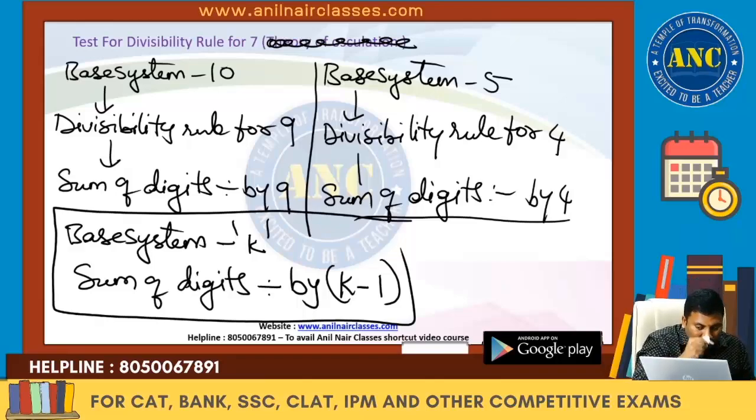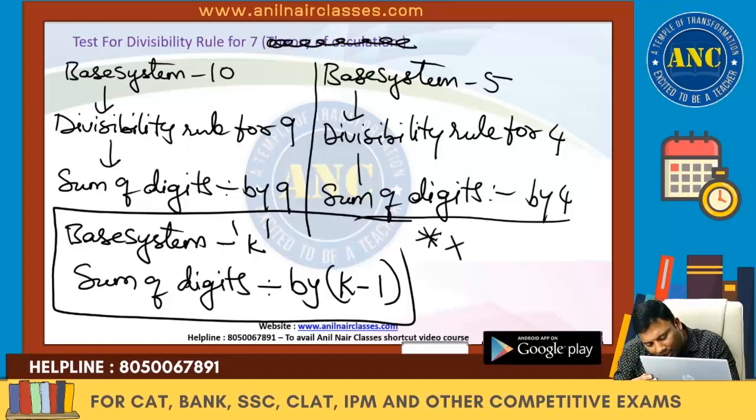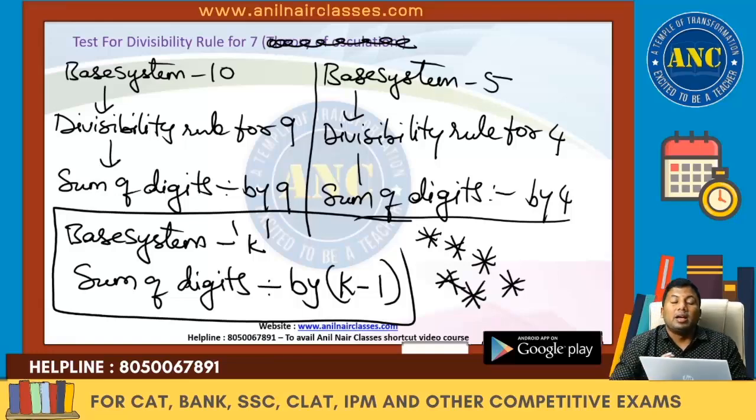In a base system K, the sum of the digits should be divisible by K minus 1.